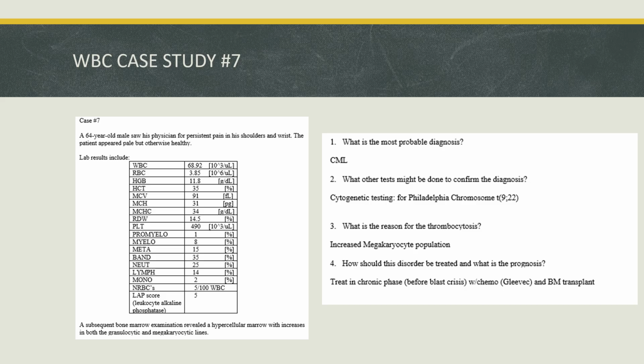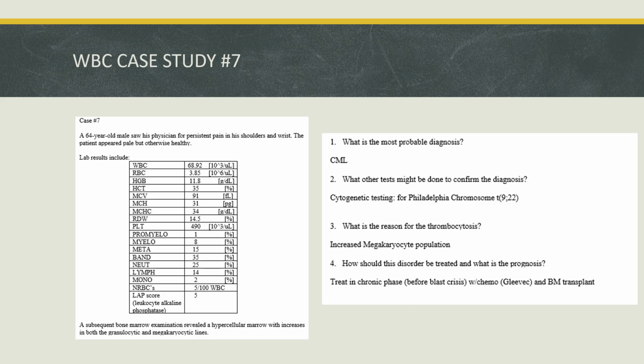This is the point where you're like, is this a proliferative disorder or is this a physiological response to maybe infection or inflammation? Because the white blood cell count is high, but it's not like 110, like one of the patients that we previously saw. We do see some hemoglobin and hematocrit abnormalities, so he's looking a little bit anemic, but not terribly so.